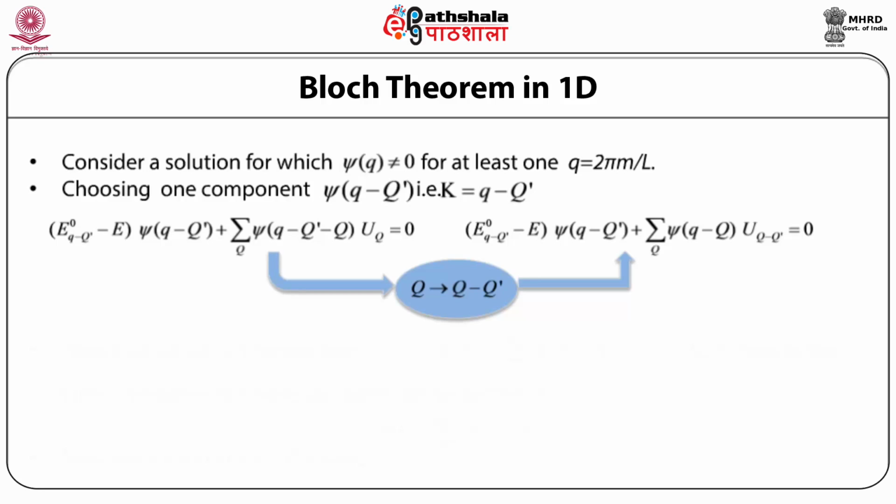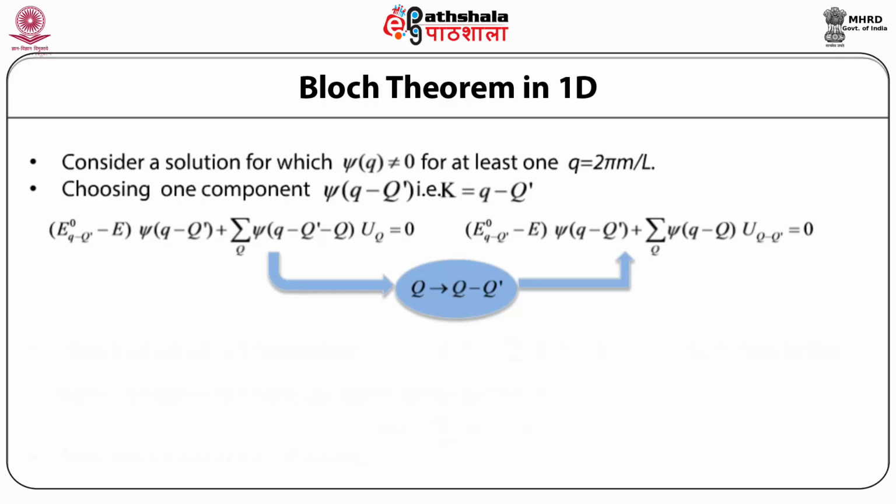Now set capital Q as capital Q minus capital Q prime. Consequently, this Schrödinger equation in Fourier space becomes (E small q minus capital Q prime naught minus E) into phi of q minus capital Q prime plus summation over capital Q phi small q minus capital Q into U q minus q prime is equal to 0.